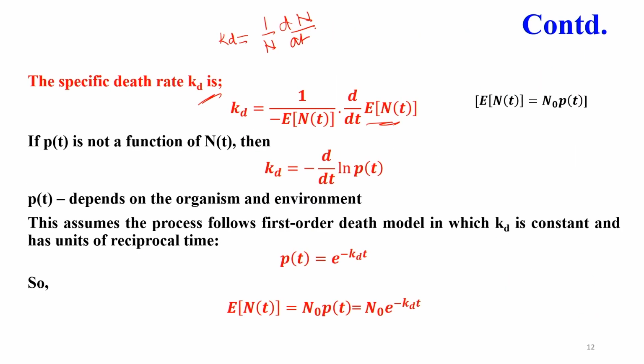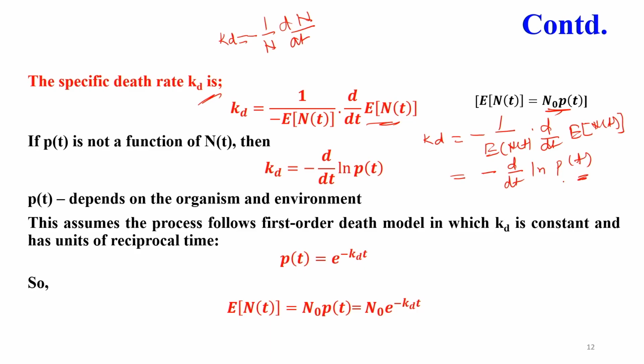So how will this be in terms of Kd now? Minus the expected number of cells at time t, d upon dt of expected number of cells at time t, and nt is n naught into pt. So n naught is a constant, but it will be cancelled out. So we will end up with minus d upon dt ln pt.